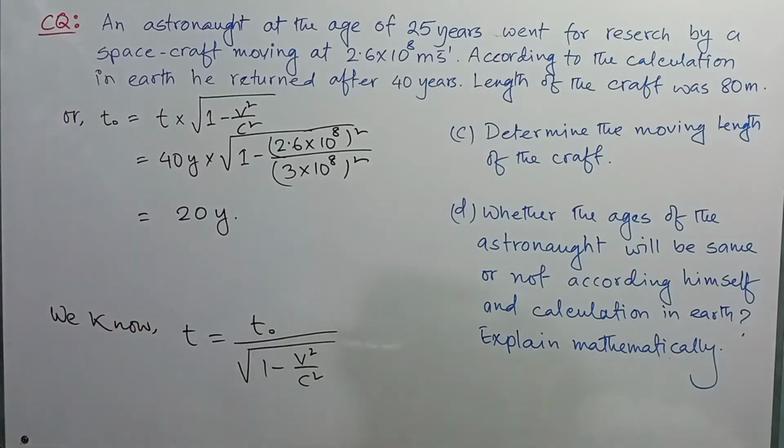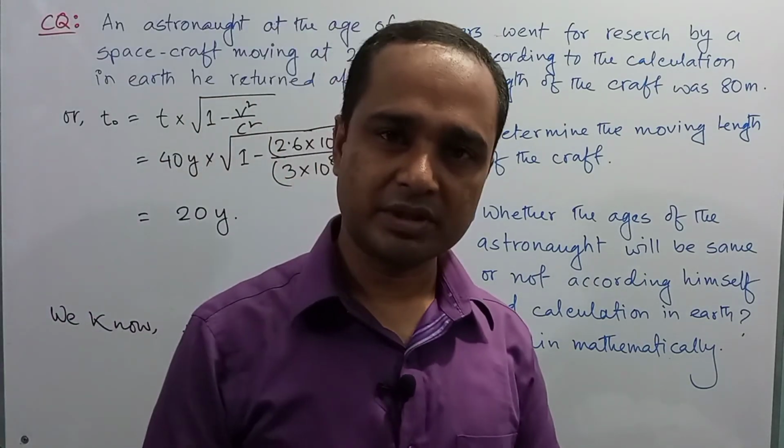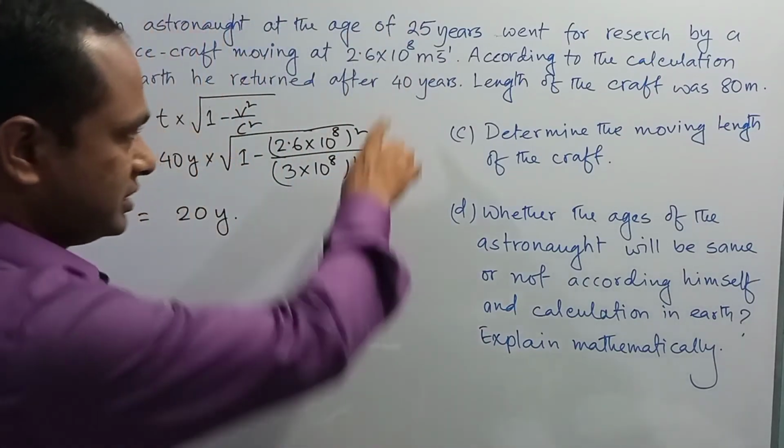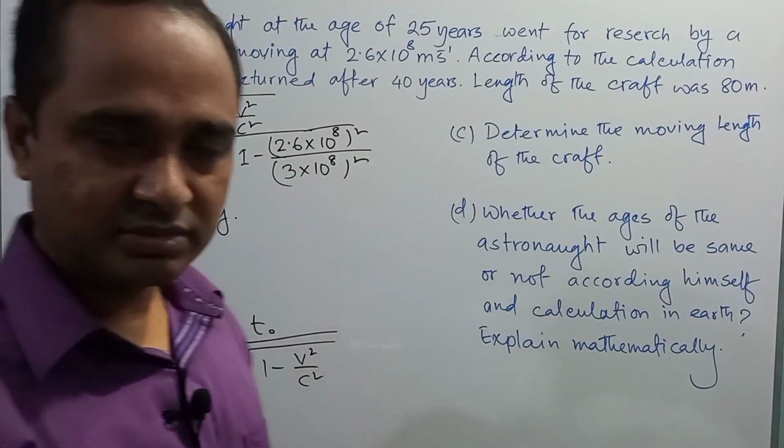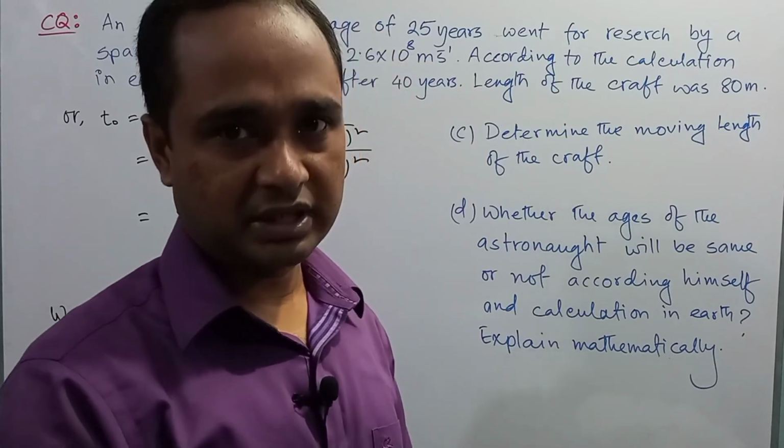So 20 years is the traveling time calculated by the astronaut and 40 years is the traveling time calculated by the people on Earth.